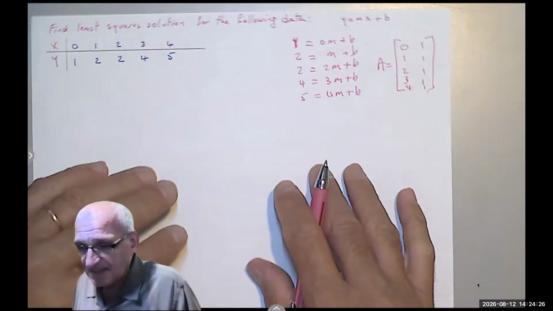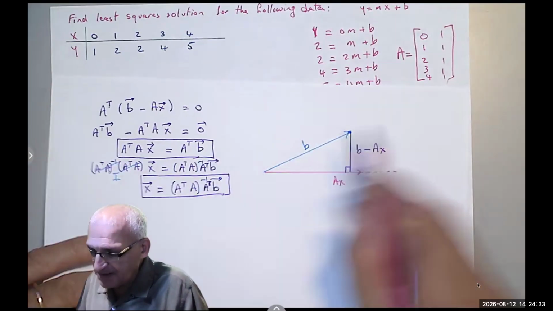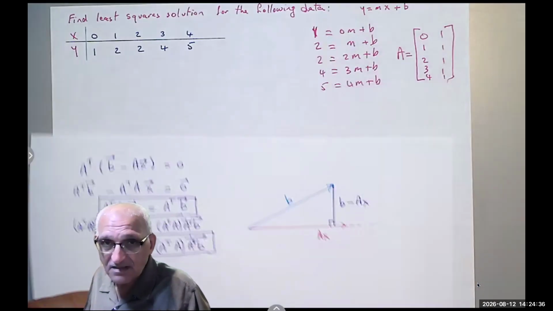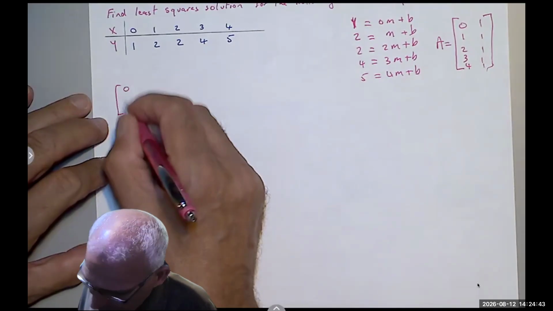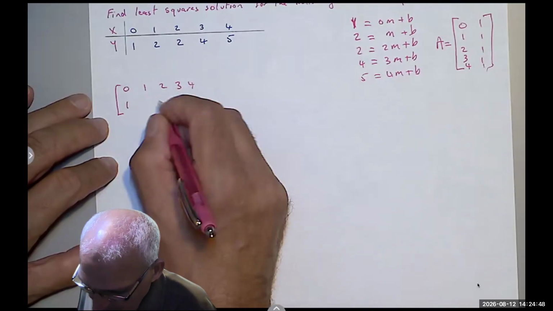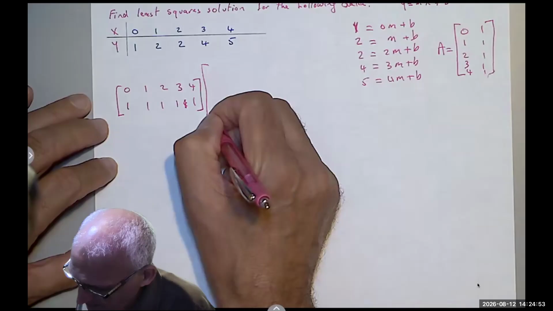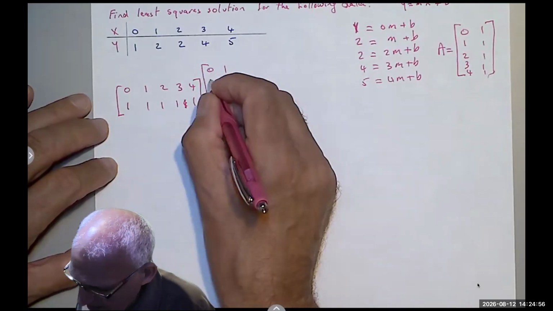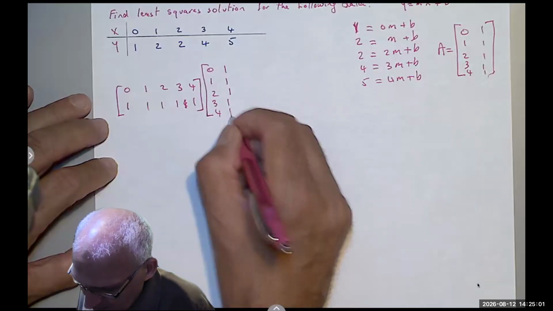So I'm going to use the same idea. A transpose times A, and then I take the inverse and multiply it by B, and B here is this matrix. So A transpose 0, 1, 2, 3, 4, 1, 1, 1, 1, 1 times 0, 1, 1, 1, 2, 1, 3, 1, 4, 1.